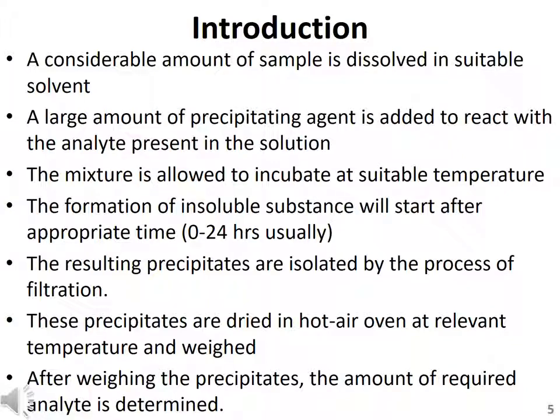And the temperature of the hot air oven is very important, as if we are working at a higher temperature, then the higher temperature will burn the precipitates. And if we are choosing a lower temperature, then this lower temperature will take a lot of time to dry this precipitate.